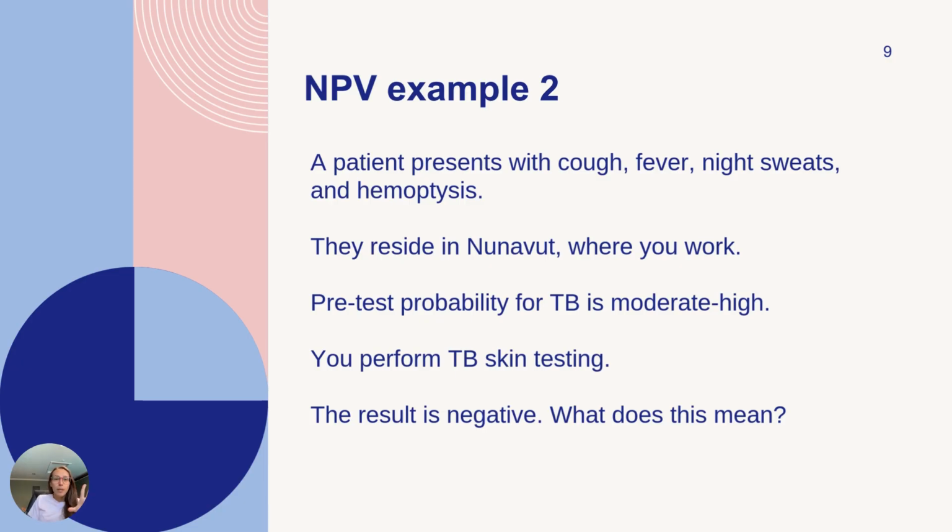But let's say in some extreme example, you order TB skin testing, which would not be the appropriate workup. Let's say you do order it for some reason, and the result is negative. Again, does that make any sense to us? Absolutely not. We still have that moderate to high pretest probability that this person has active tuberculosis. Just because that TB skin test was negative doesn't mean that it correlates clinically with that person in front of us. This is likely a false negative.